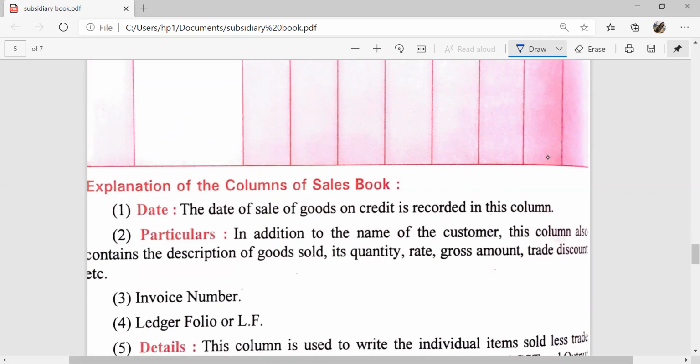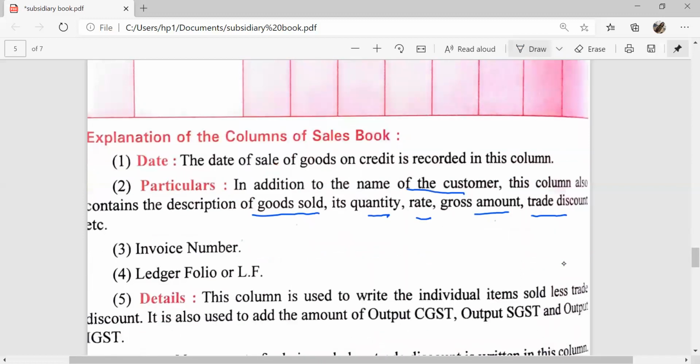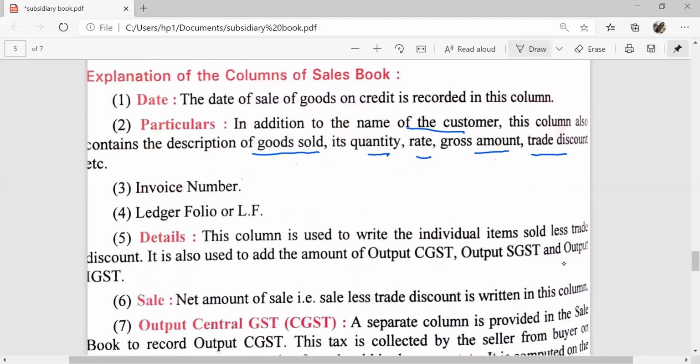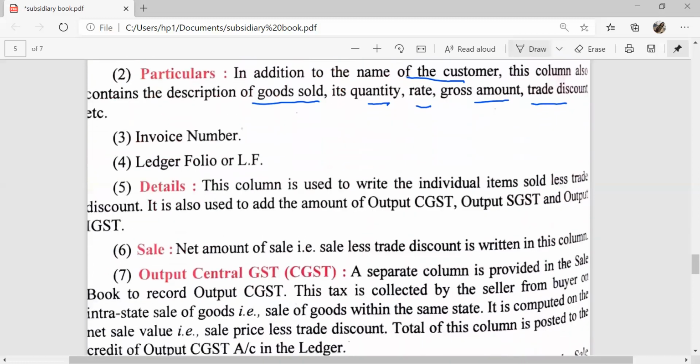In the particulars column, the name of the customer and the description of the goods sold, its quantity, rate, gross amount, and trade discount, etc. In the third column, the invoice number, the bill number, and in the fourth column, the page number of the ledger folio.